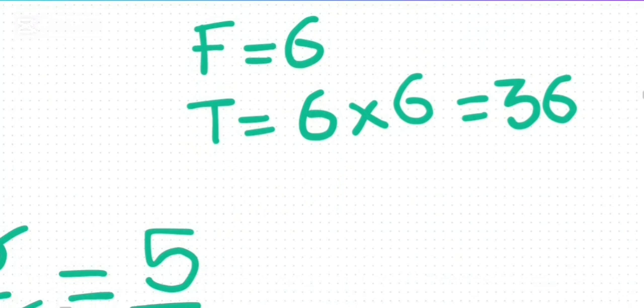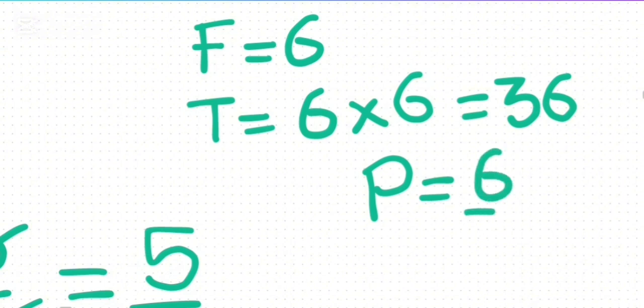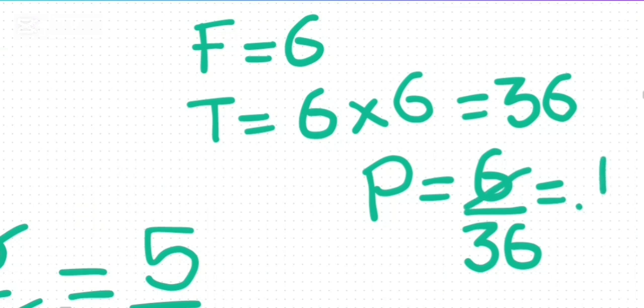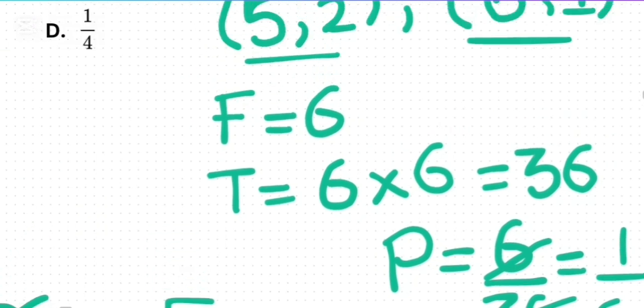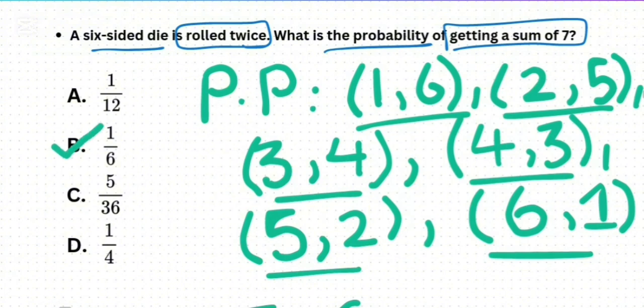After applying the formula, probability is equal to F by T, so it becomes 6 out of 36. When you cut these values you will get 1 out of 6. Now we will see which option is correct. So the correct option is B.